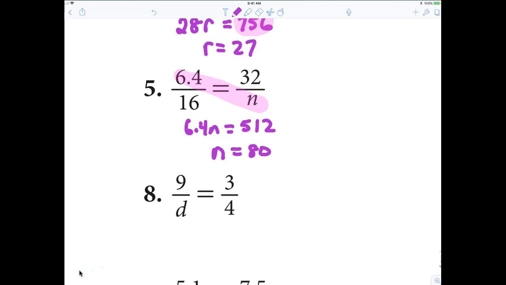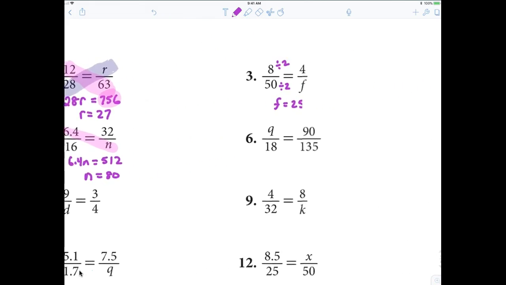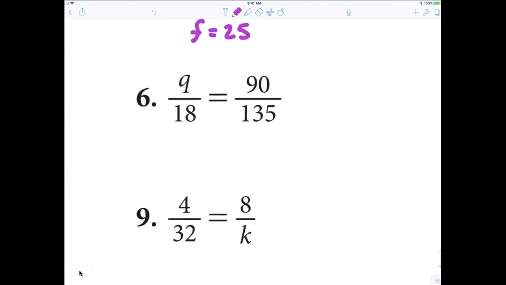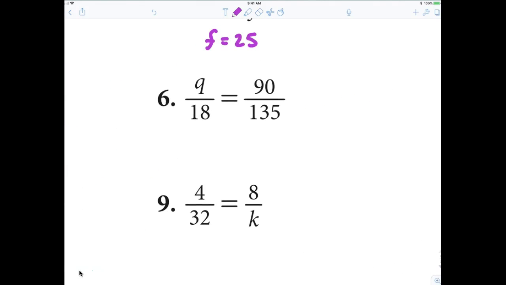All right. Now again, each time you want to look to see if there's a quick way to do it. In this case, we'll just cross multiply again. So Ellis, what am I going to multiply here? Set me up the equation. You mean 135Q, right? You see what I'm saying?